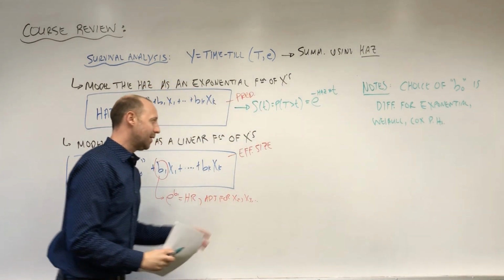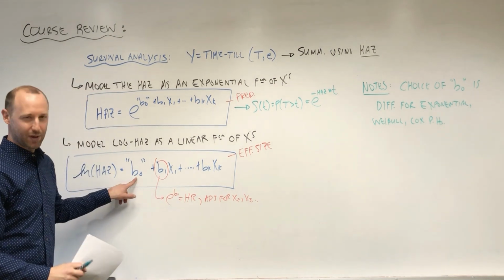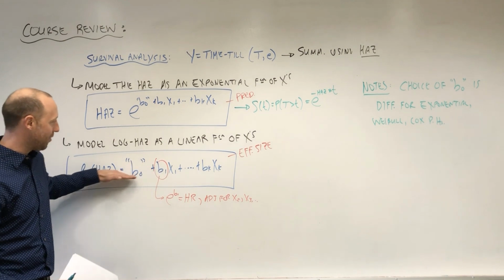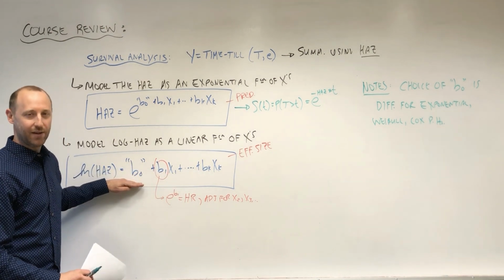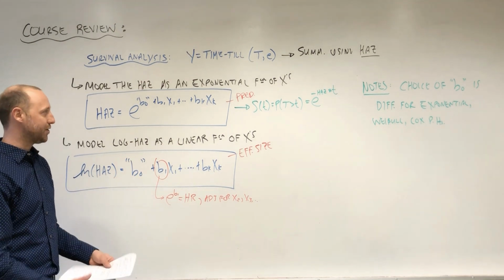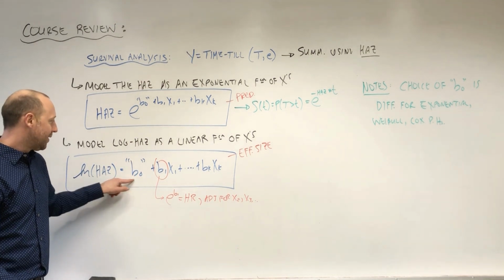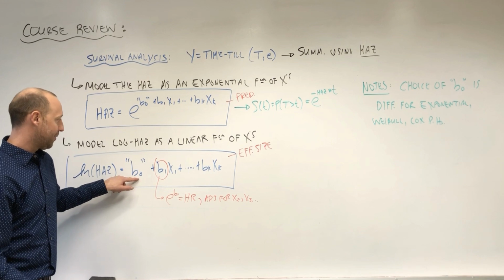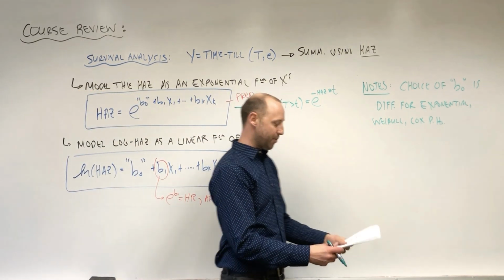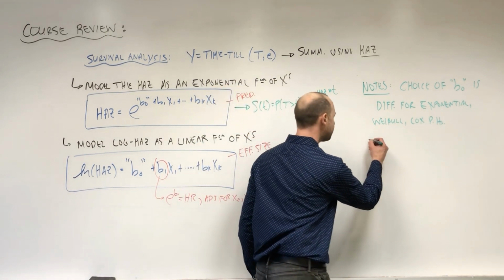So that's how these models differ. The intercept term changed a little bit, but by putting it in these quotations, what I want to show is that what we're looking at here is another generalized linear model, pretty similar to all the ones we've seen in the course before. And we had some lecture time where we talked about how this term changes if it's exponential versus Weibull versus Cox proportional hazard and so on.